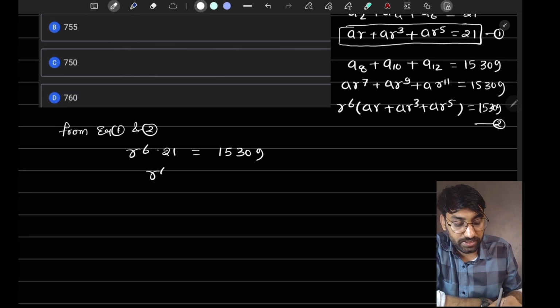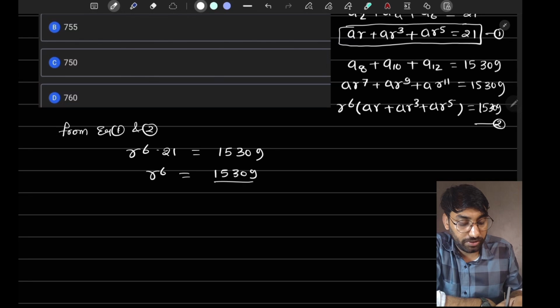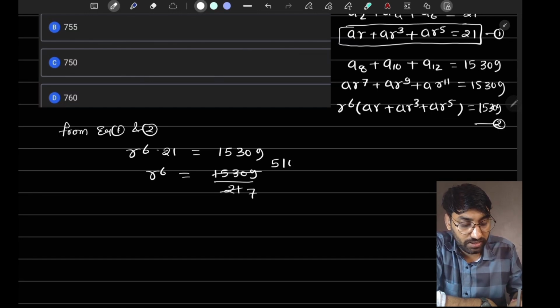So R power 6 is nothing but 15,309 divided by 21. If I cancel it out, it will go 7 times. This is nothing but 5,103, and then if I cancel out again, it will become 729. So I will get R power 6 as 729.